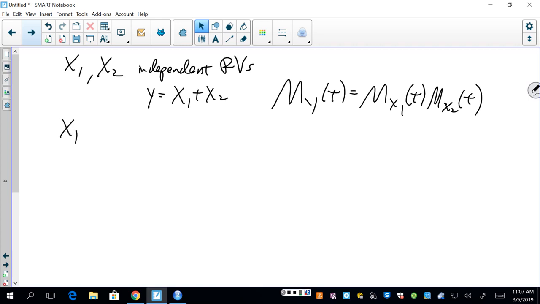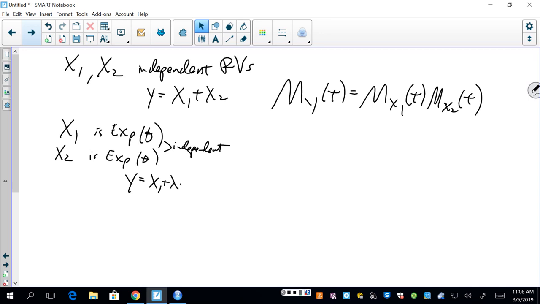If x1 is exponential beta, and x2 is exponential beta, and they're independent of one another, and y is the sum of those two things, then it turns out the moment generating function of these is the first one, 1 minus theta t to the negative 1, times 1 minus theta t to the negative 1.